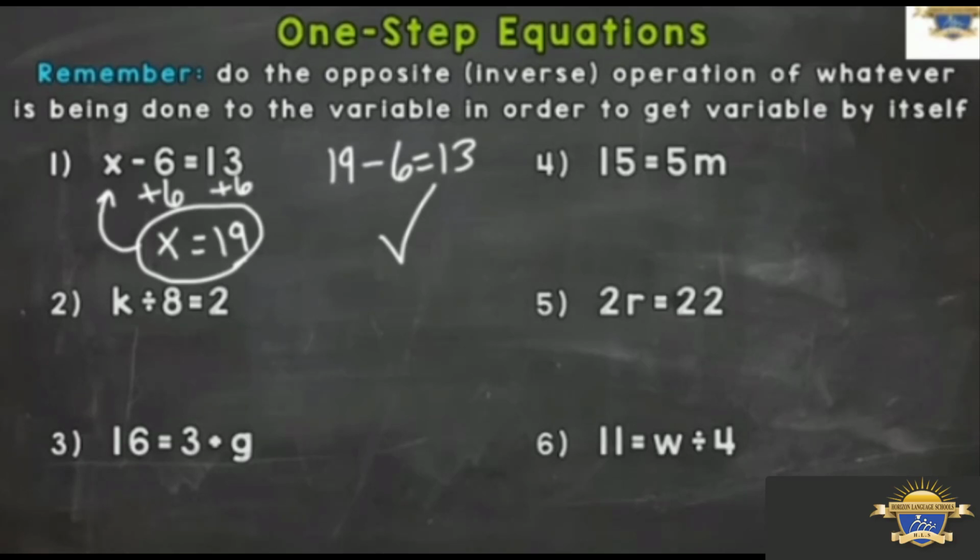Number 2, we have k divided by 8 equals 2. On the side of k, it is divided by 8, so we need to do the opposite, so we need to multiply by 8. So we will multiply by 8. Those 8s cancel out, so k is by itself.